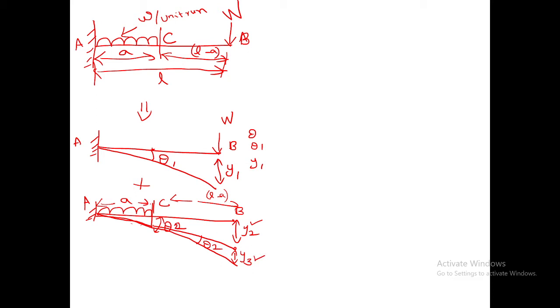If the load is there for the entire length, there is only one deflection. Suppose it breaks in the middle, or the load covers less than half, then there are two deflections. So the slope is only one, theta 2, and the deflections are y2 and y3.